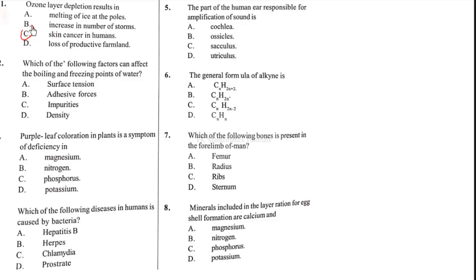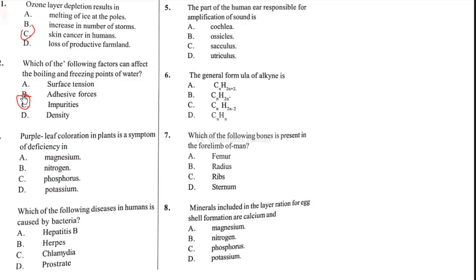For instance, if the pressure is very high, there will be a higher boiling point. If there is a decrease in pressure, there will also be a decrease in boiling point. So over here, we were given impurities. So we go for impurities.